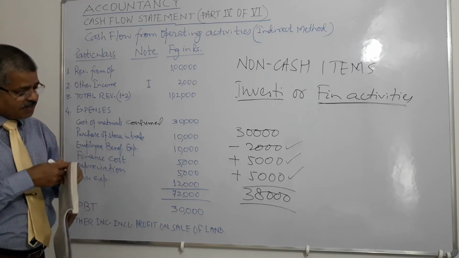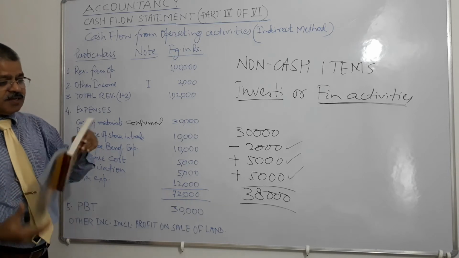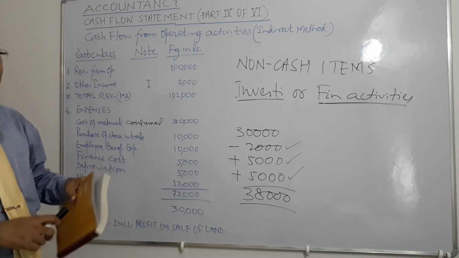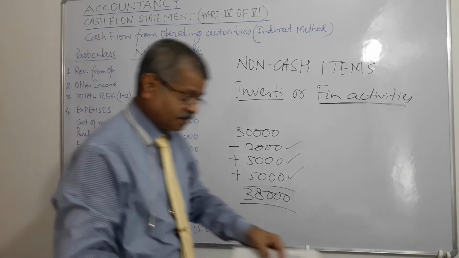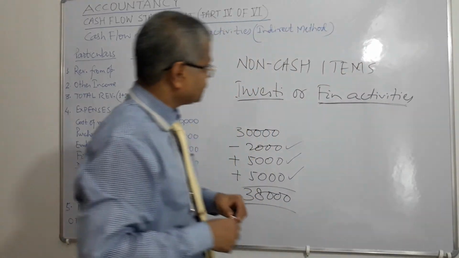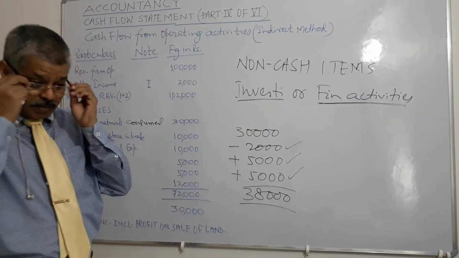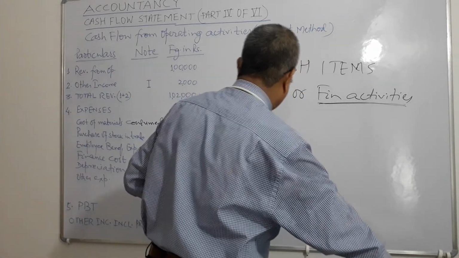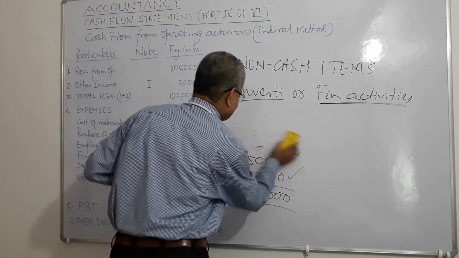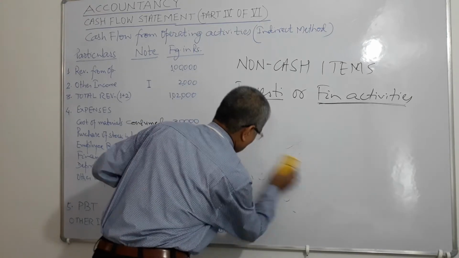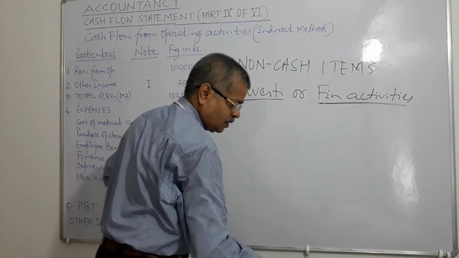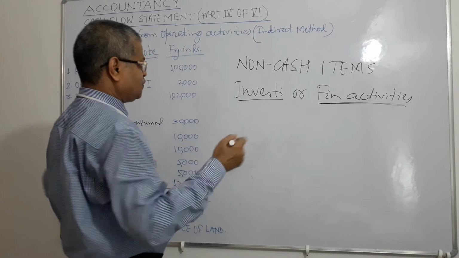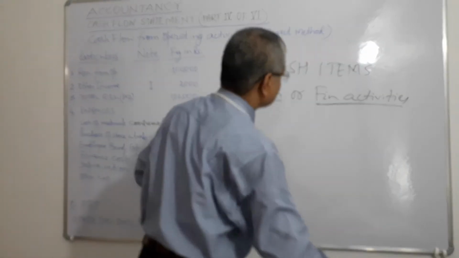Then another thing is change in current liability and current assets. What do we do with that? That is very simple. Change in current liability and current asset, you just remember it like this.